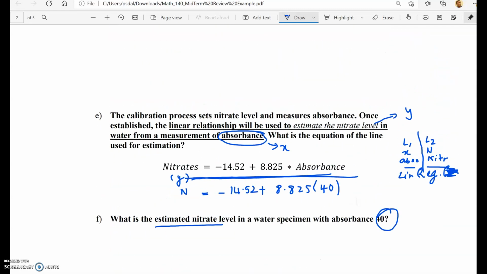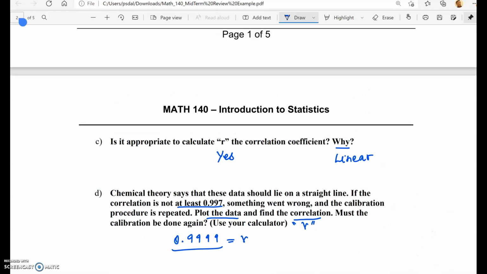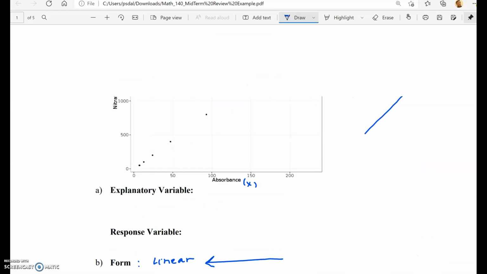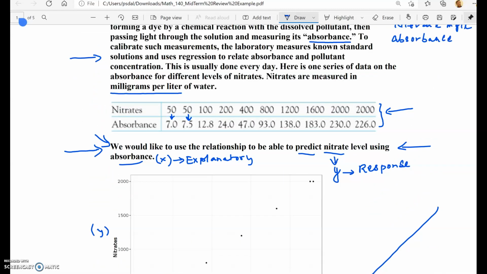Why am I able to plug in the 40? Let's go back and look at the data set. Remember that we're going to use the equation to plug in the absorbance, that's your X, and figure out the value of Y, which is nitrates. Notice that the range of values within which the data were collected is 7.0 to 226.